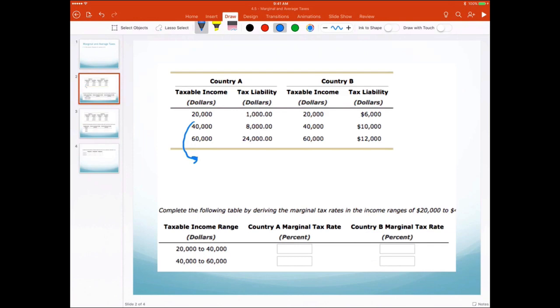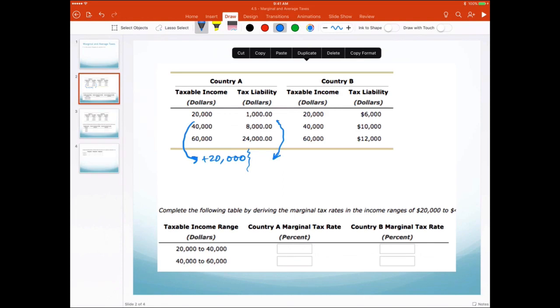So this jump from $20,000 to $40,000 is an increase in income of $20,000, okay? So when you make that jump, what is your corresponding increase in taxes? A little line here, right? Well, your taxes go up by $7,000, right?